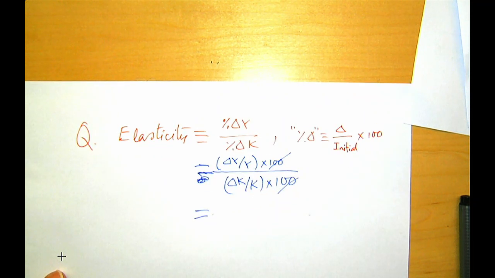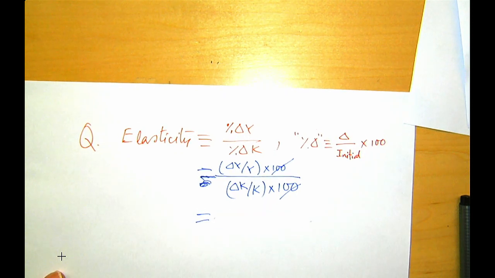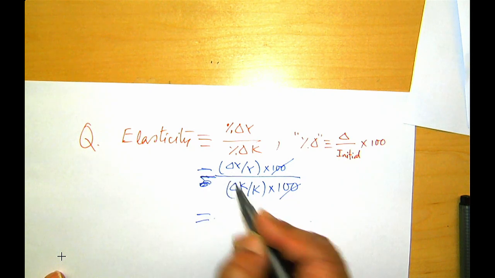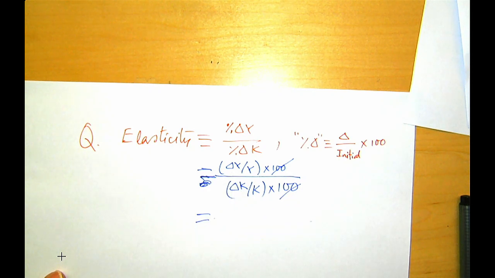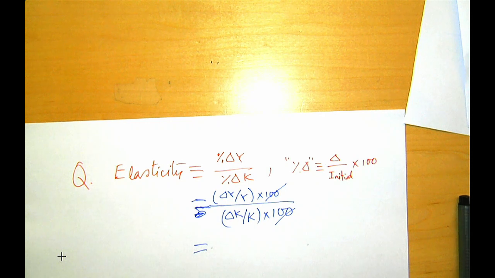Now, I'm going to do some algebra, but I hope this is not a big deal. If anything is at the bottom and you want to take it to the top, you have to flip it. Or maybe I'll do it another way. I multiply the numerator and the denominator by the same thing.